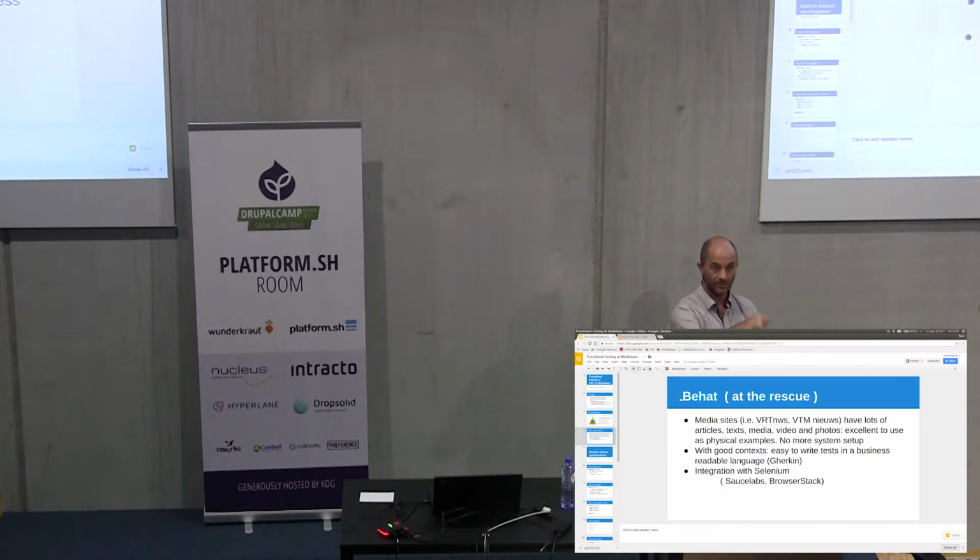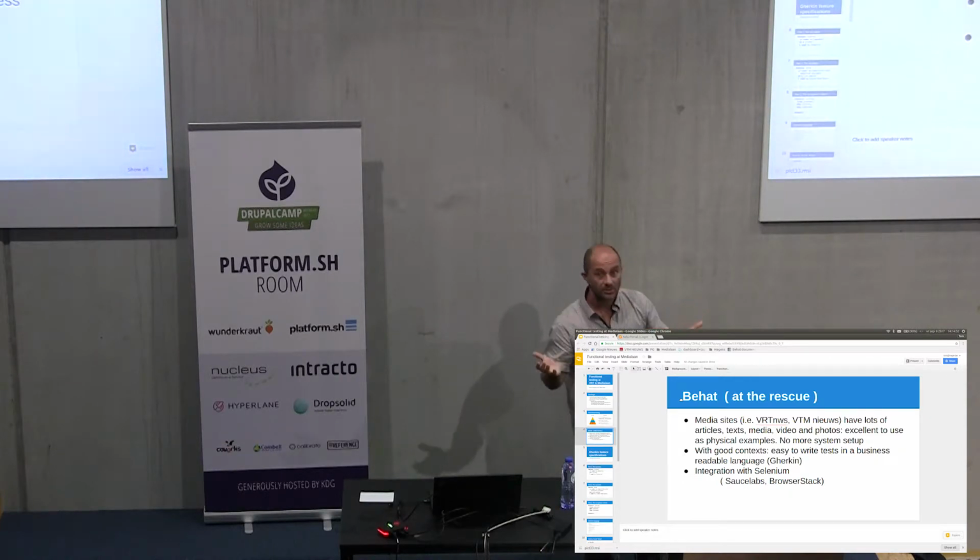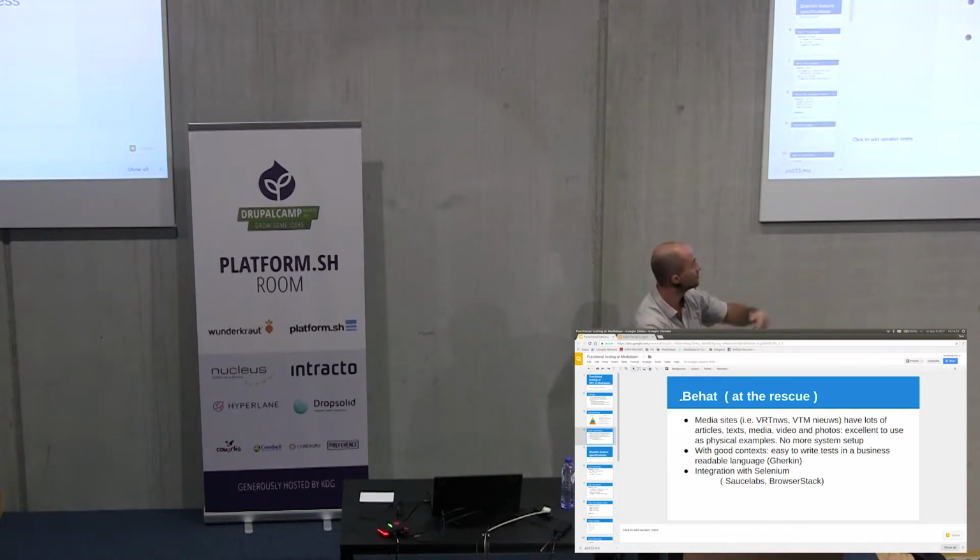And that's in fact your regression test, that you can still see, okay, my system is still working like it does. And as you already have that content that was entered there by real editors, we can still use them. We just always copy the database from production to staging to the development environment, and you have it already there, so no more system setup.